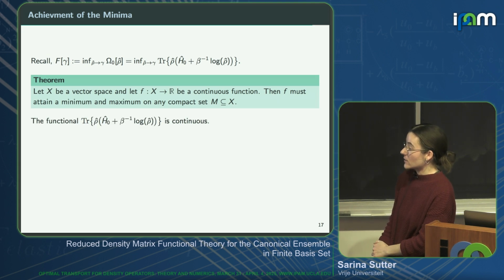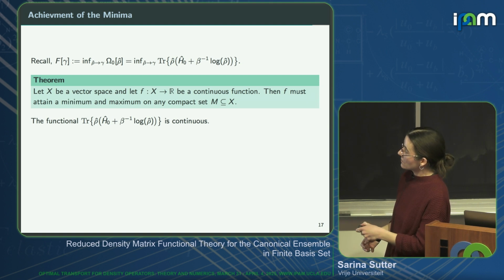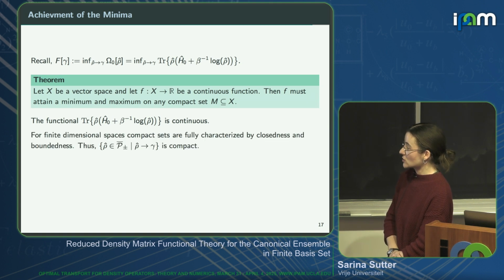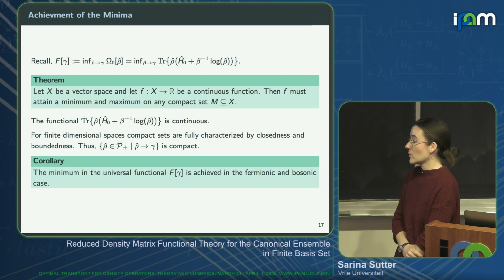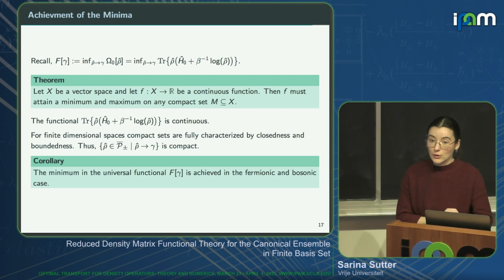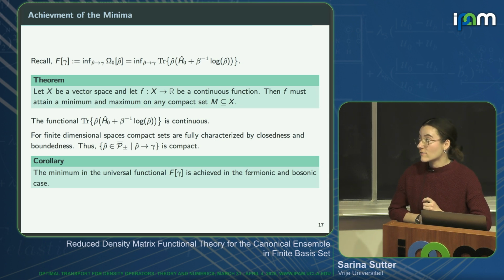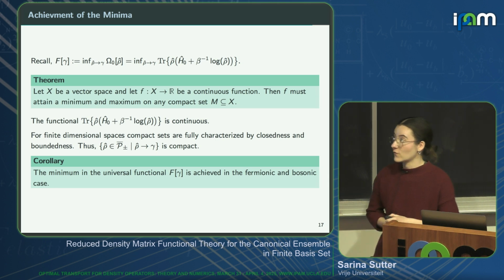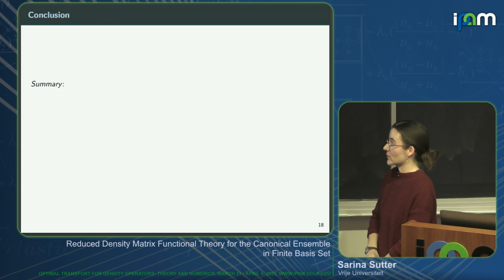We know that the functional is continuous, and we can also show that the set over which we minimize is compact. Therefore we can use this theorem to show that the minimum in the universal functional is achieved for both fermions and bosons. This concludes the proof of differentiability and v-representability for 1-RDMs at elevated temperature.